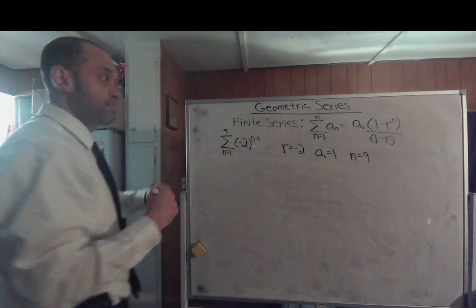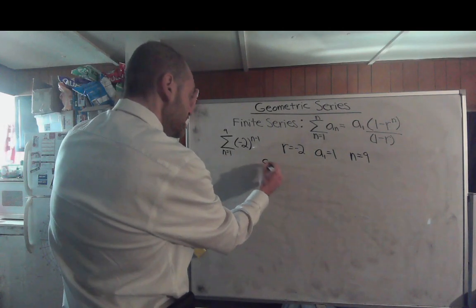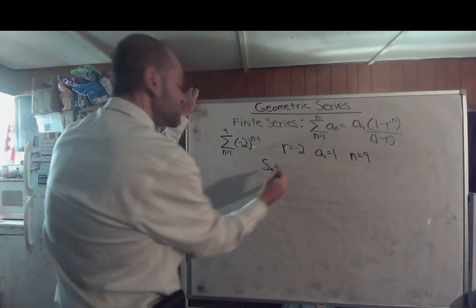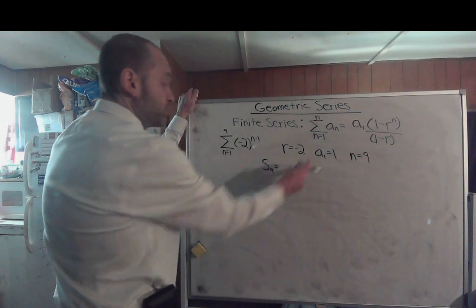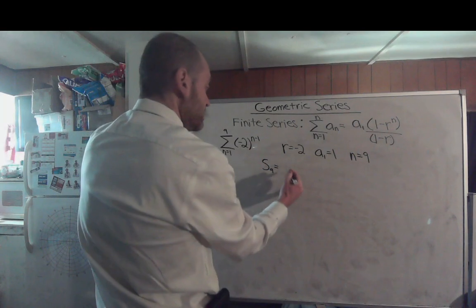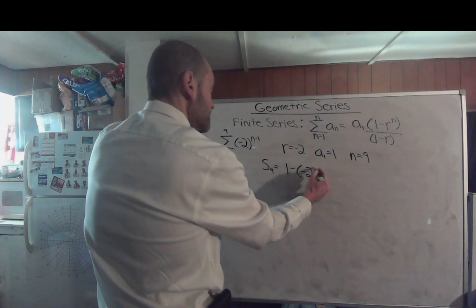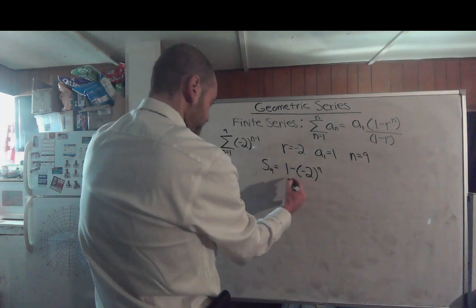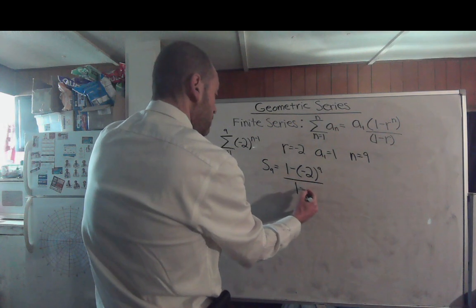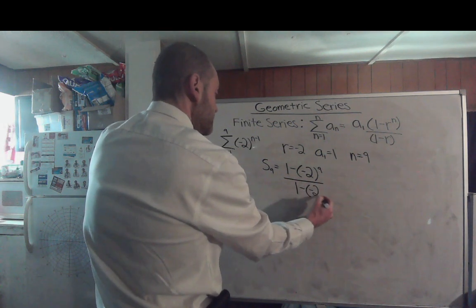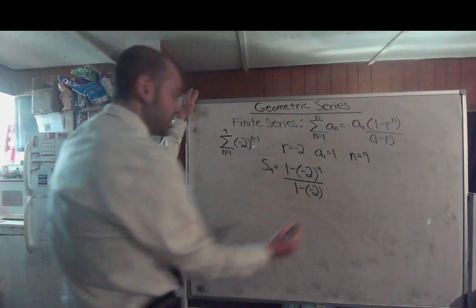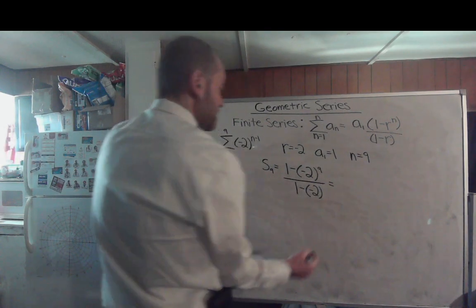but let's see what the sum goes to this time. The sum of the 9 terms equals my a sub 1, which is 1. We don't even need to write that then. You'll just have 1 minus that negative 2 to the 9th power all over 1 minus negative 2. Let's see what you get then.